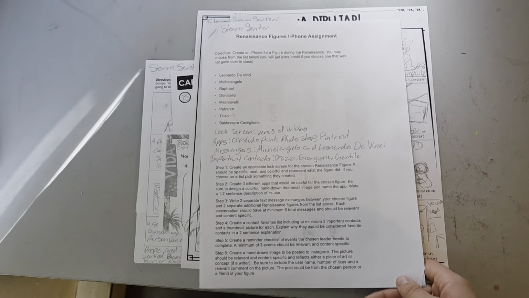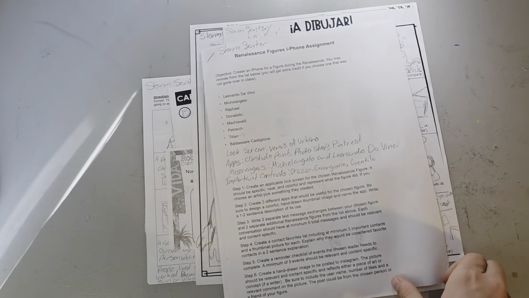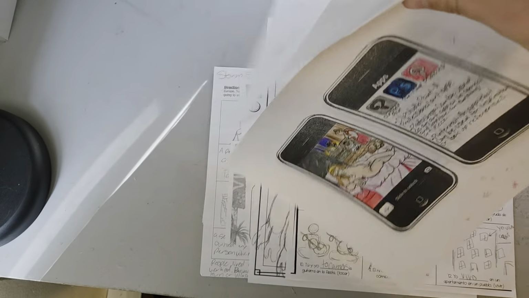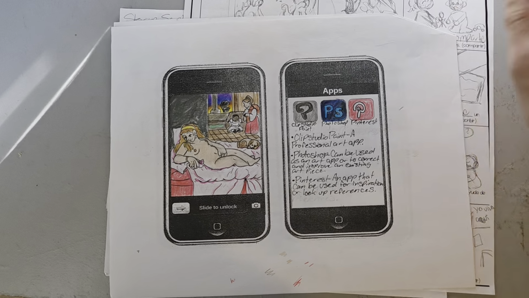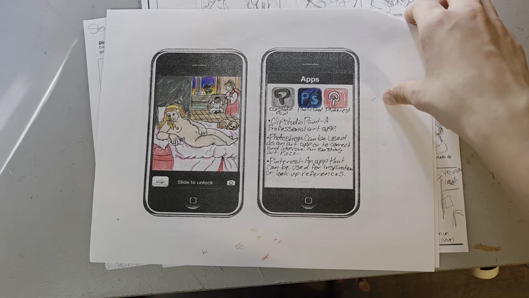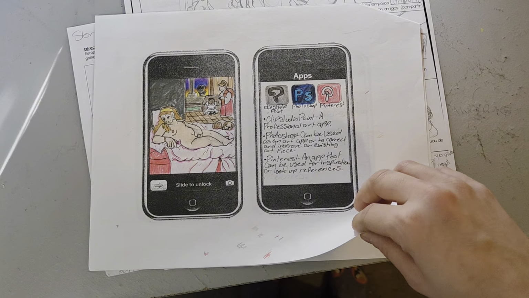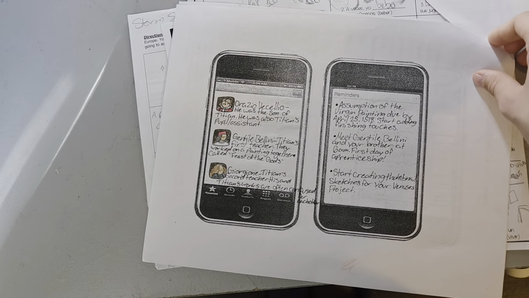Next is more history class, but now it was a Renaissance figures assignment, and we had to create our own little app things for one of the painters. I forget which painter this was. Whoever drew Venus, because that's the art I did for it. I forget the artist.